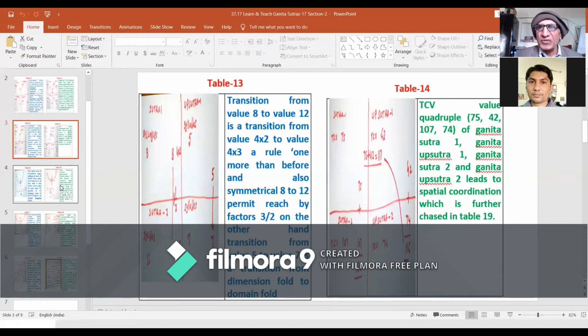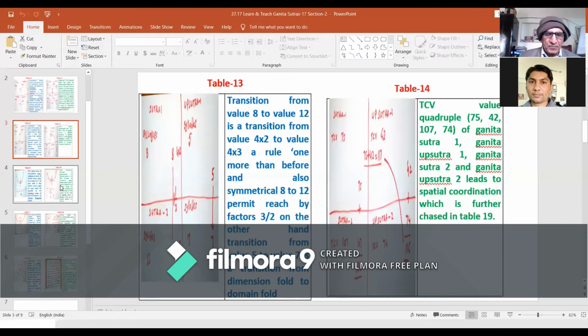These quadruple features of words, letters, syllables, and TC values, when simultaneously taken up for comprehension and insight and enlightenment of the overview of the mathematical domain of Ganita Sutras, with Ganita Sutra 1 and Ganita Upsutra 1 being the source sutra, then certainly our mental enrichment will be parallel with the mental state which is required for comprehension and absorbing the Vedic systems.